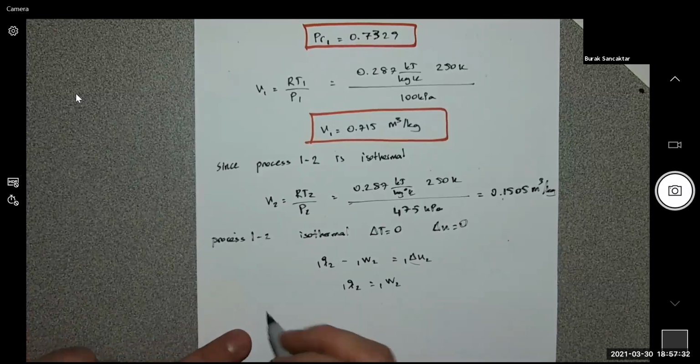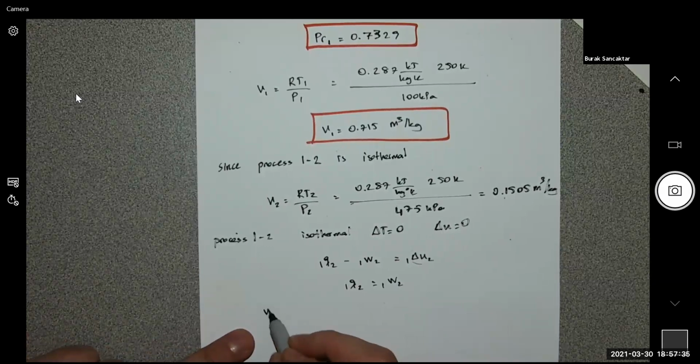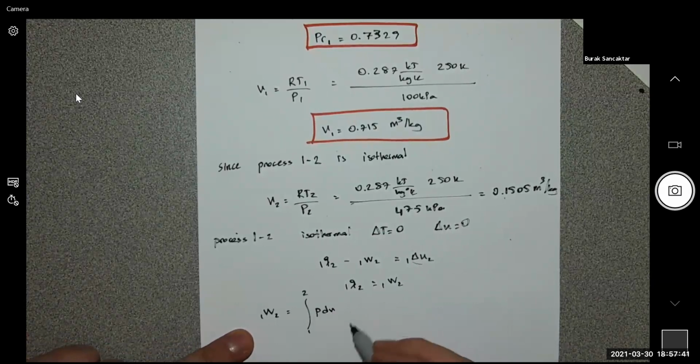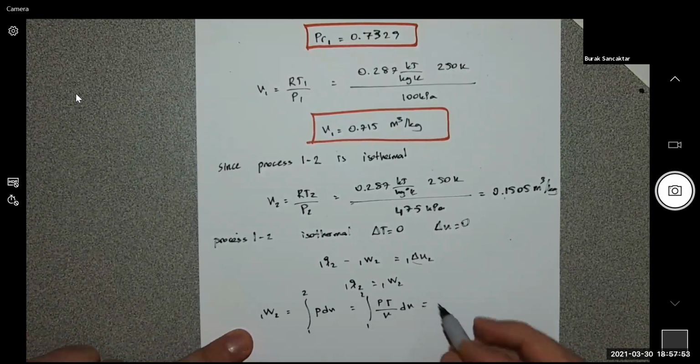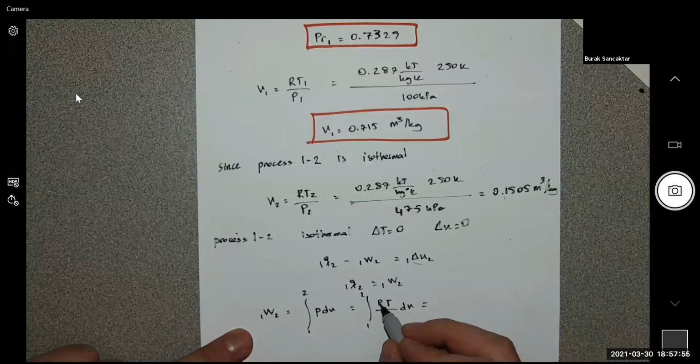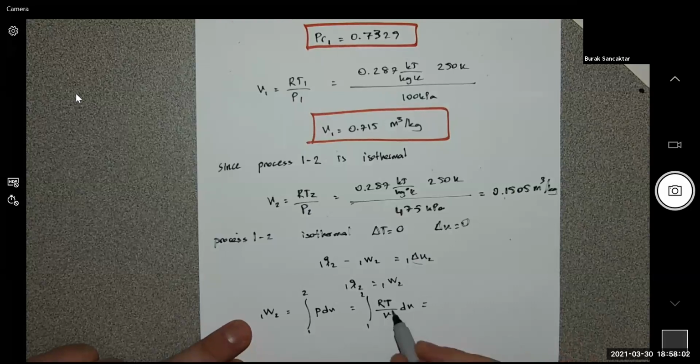And I know how to find my work. Work from state 1 to 2 is P dV from state 1 to 2. And P is R T over V, right, dV from state 1 to state 2. So this is R T over V. R is constant, I can take it outside.